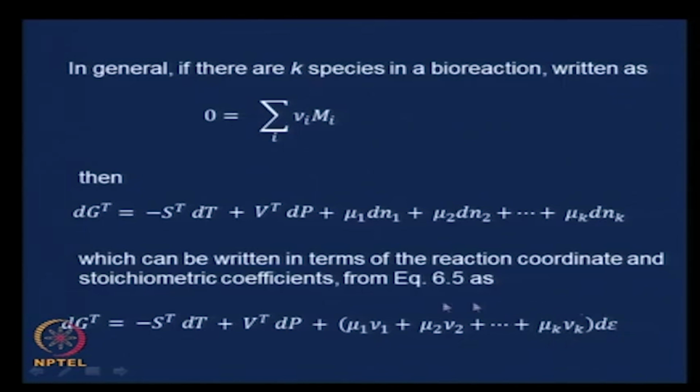I hope you are able to see this. Please go back to equation 6.5 if you are unable to see this. The relationship between the various dn's and d epsilon will drop out from there, and from that we get this expression. We will call this equation 6.12.